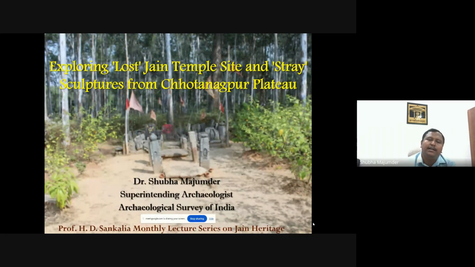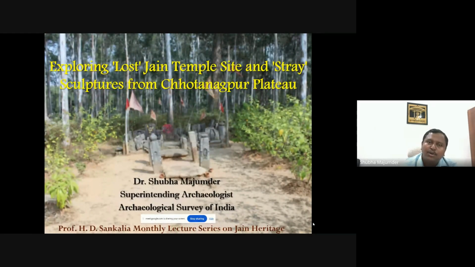When we explored sites in the Chhotanagpur Plateau, we found some Jain remains and sculptures without any temple. In some cases we found the temple, but the images are missing. So this concept is really essential, especially for the Chhotanagpur Plateau, for proper understanding of the actual context of those Jain sculptures.